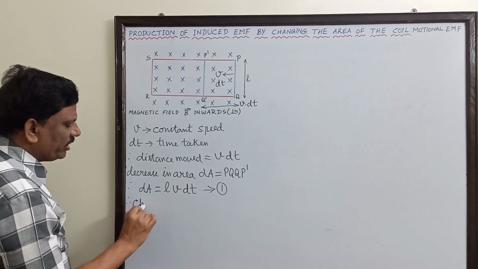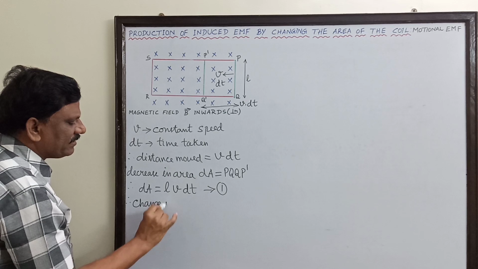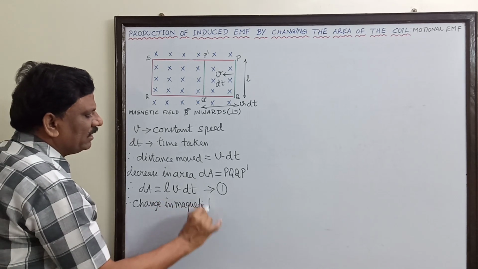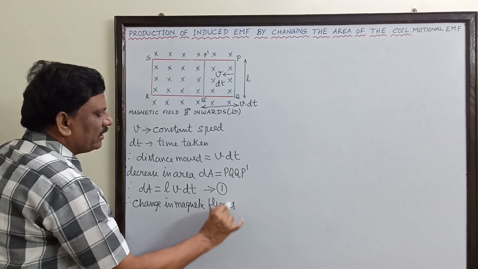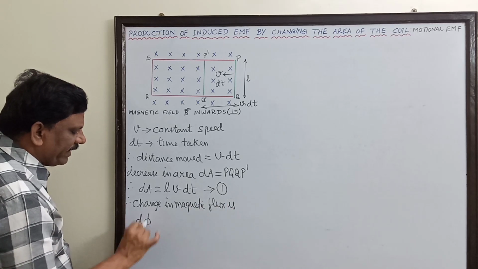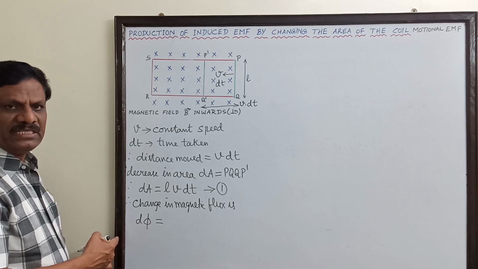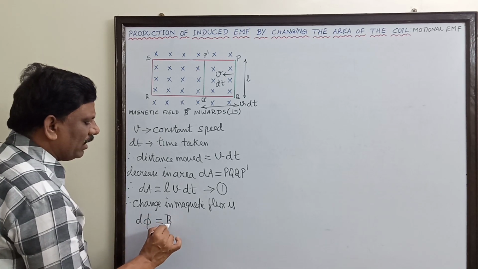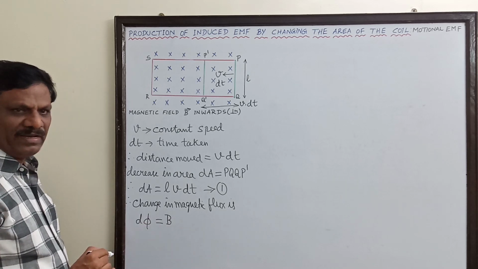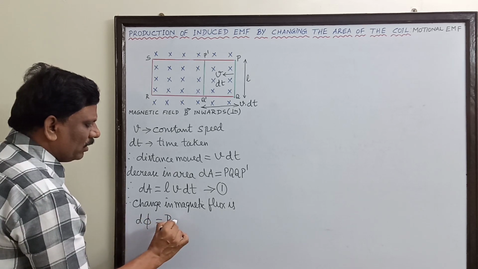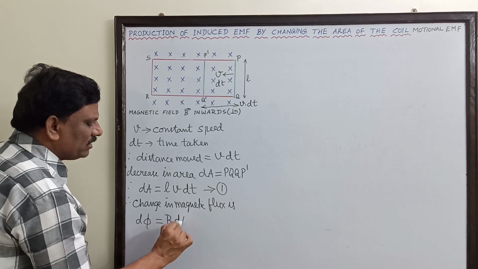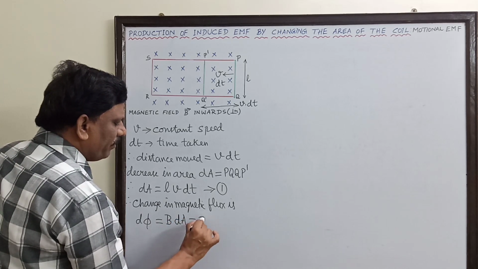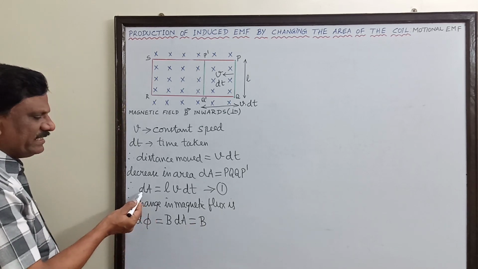Therefore, what is the change in magnetic flux? The change in magnetic flux is given by d phi. D phi is the change in the magnetic flux. So this is equal to the magnitude of the magnetic field B into the change in area dA.